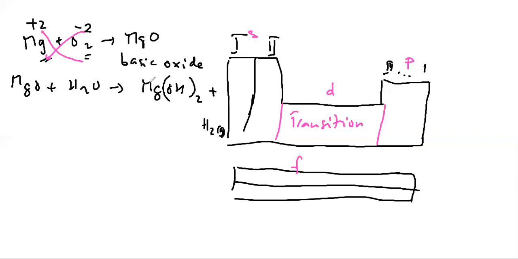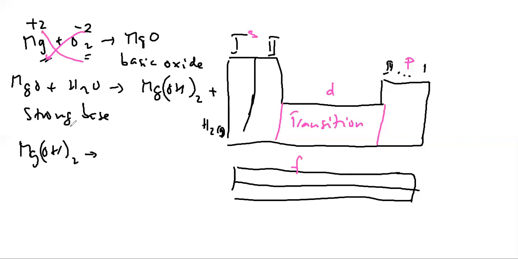So it means that you have magnesium hydroxide, and magnesium hydroxide is one of the strong bases. It means that this base is completely dissociated in water. What does strong base mean?